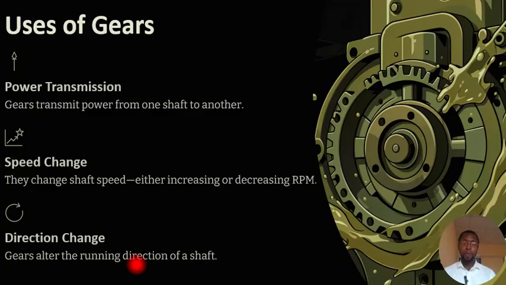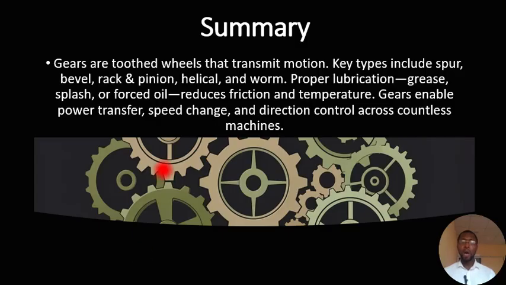All right. So, in summary, we are able to say that gears are toothed wheels that transmit motion, and that we have different types of them. We have the spur, the bevel, the rack and pinion, the helical, and the worm gear. And we say that for proper use, we need to lubricate them either with grease, or with splash, or with forced oil.